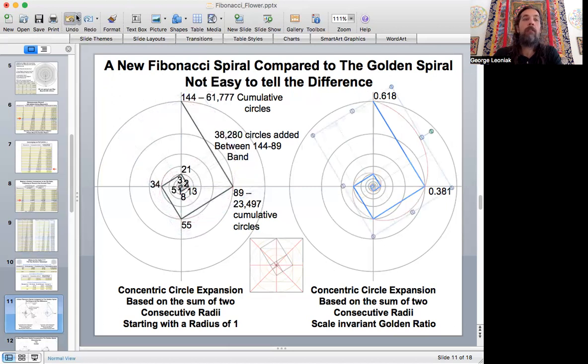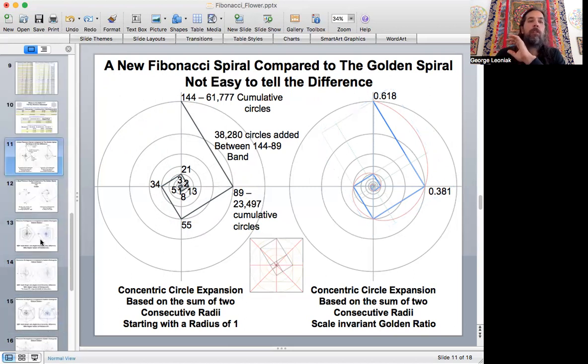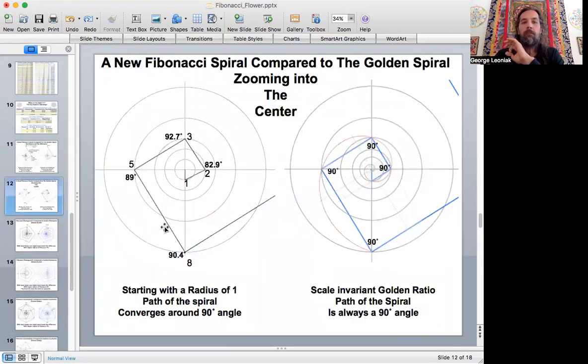Because when we get further, and even better as we get to larger numbers, as we go further and further out. But of course, the difference here is going to be when we go further into the diagram and zoom in, zooming into the center of this, starting with numbers 1, 2, 3.